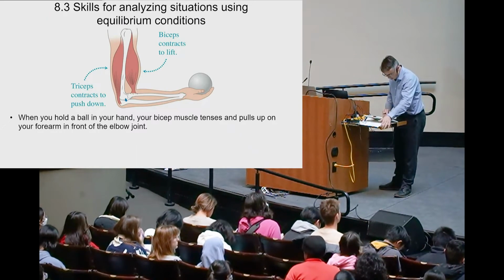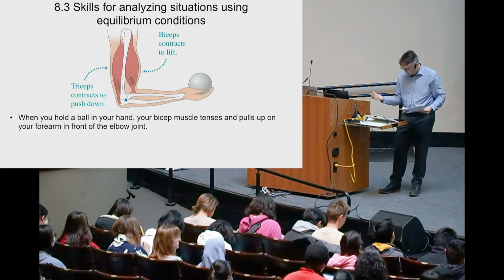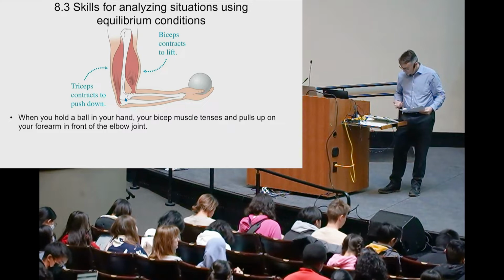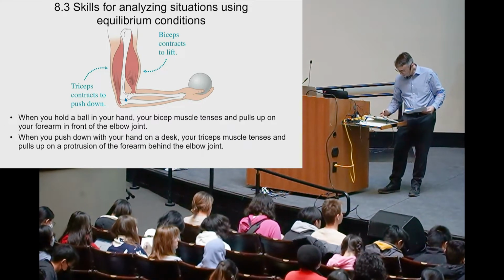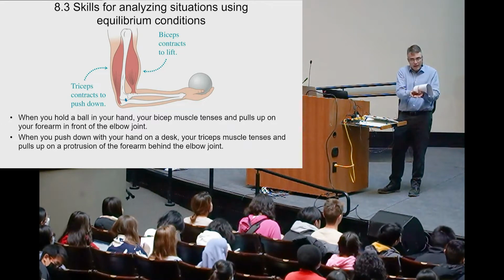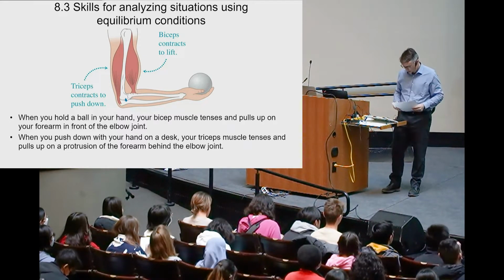So let's talk about this bicep thing. When you hold a ball in your hand, sort of like when the beast was holding Gaston, the muscles tense up, and you're supporting that mass. So it's actually the normal force of the ball acting down on your arm, but it's equal to the gravity on the ball.